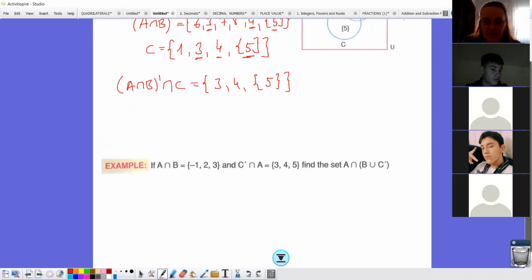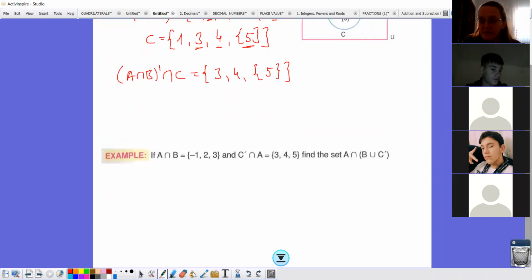Now here, another example. If you can see, it's given A intersection B. It's given C prime, an intersection with A, and we are looking for A intersection B union C prime. What do you think? How will it be?